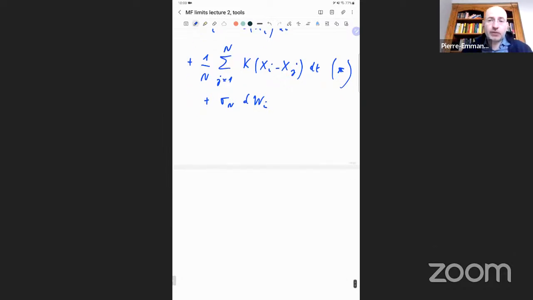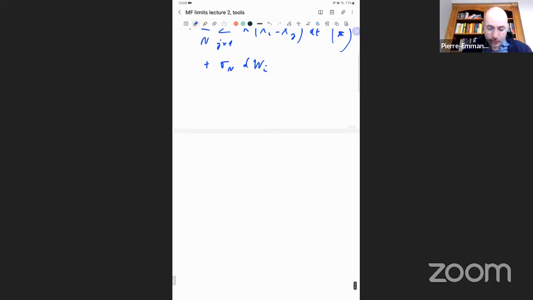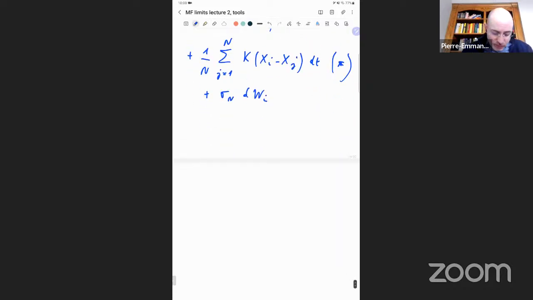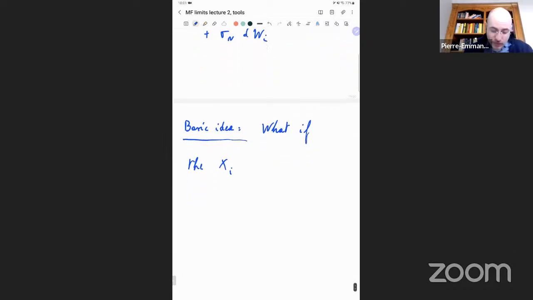Okay, so what is the idea here? The basic idea is, what if all those xi, right, were almost independent, and since the system is exchangeable almost IID, right, then at time t.